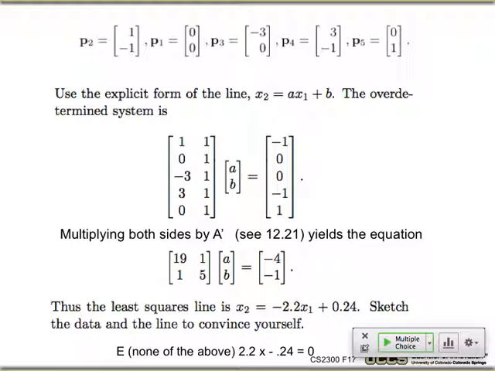How would you get from the first matrix to here? I multiply by the transpose of this. That's what we mean by A transpose.